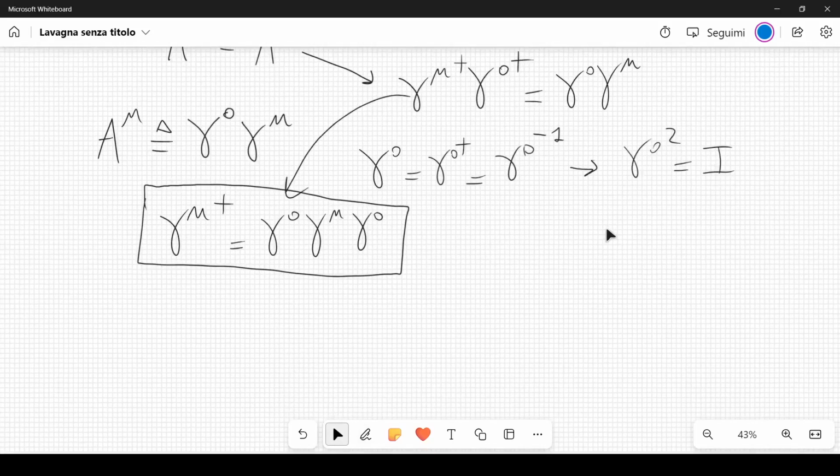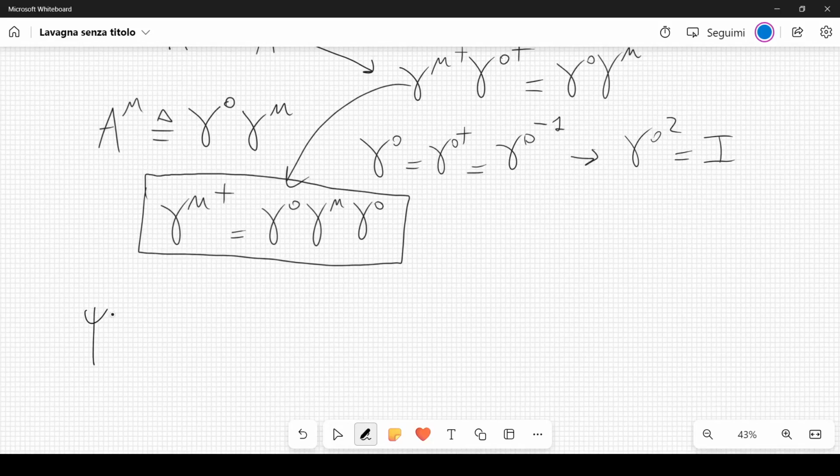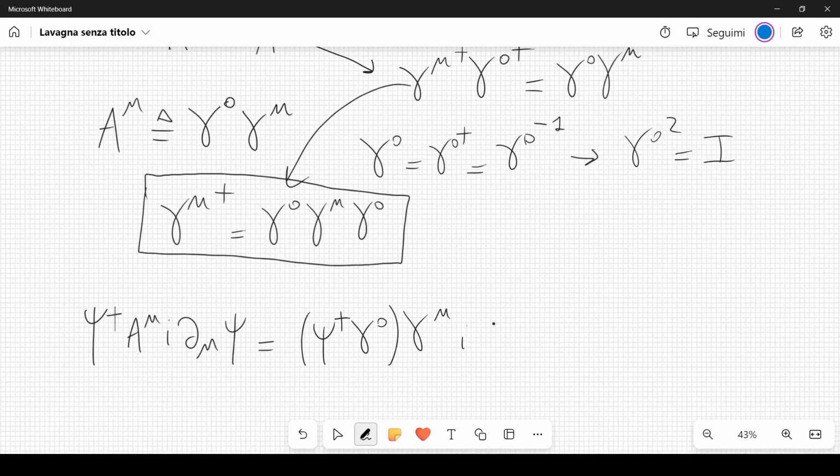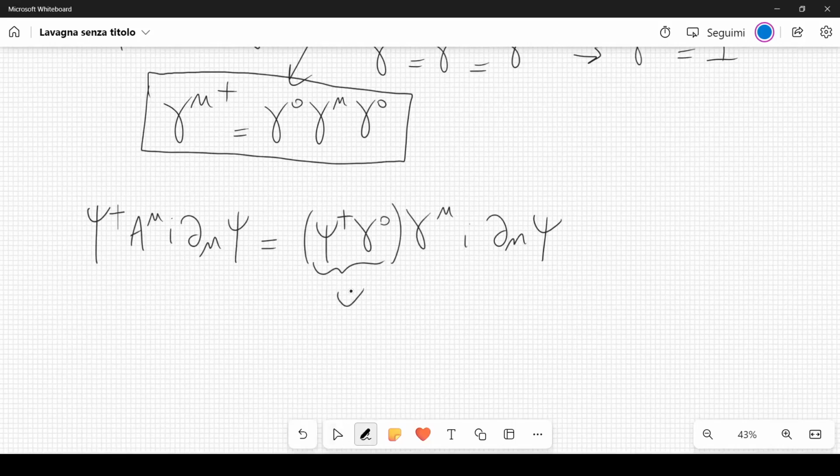Then remember that we considered psi dagger a mu i del mu psi. Now we defined a mu like this, so we can also write this as psi dagger gamma 0 gamma mu i del mu psi, and this can also be written by definition as psi bar. So we define psi bar to be psi dagger gamma 0, like this.